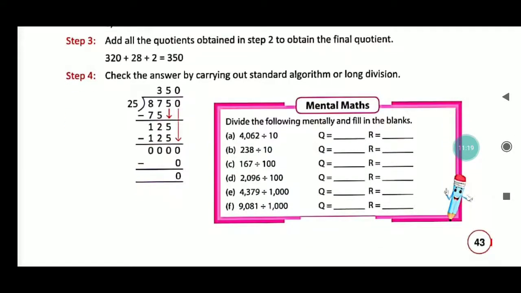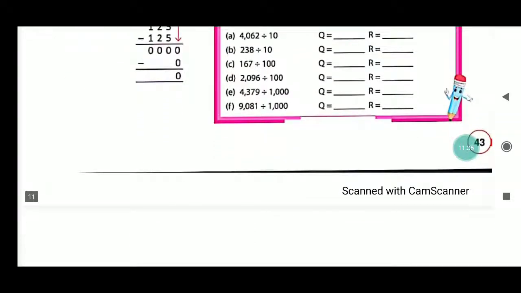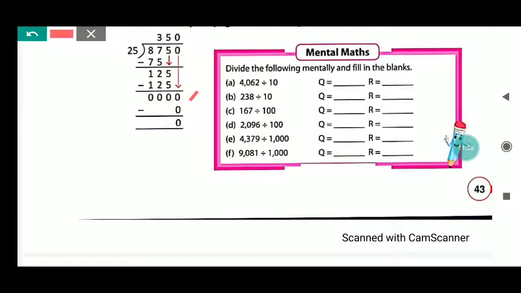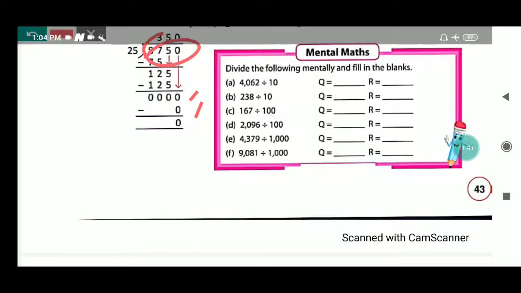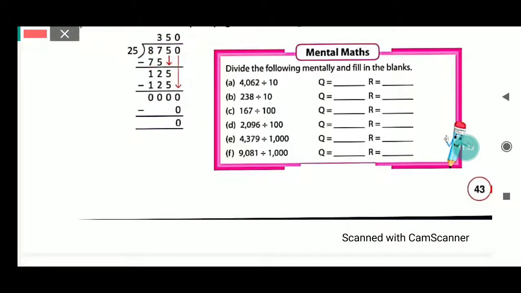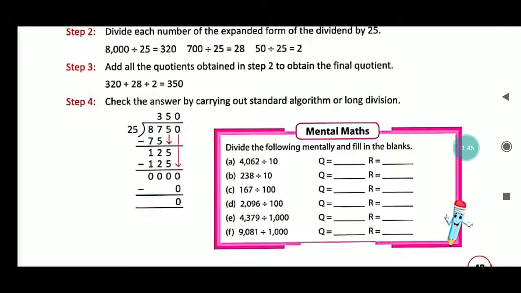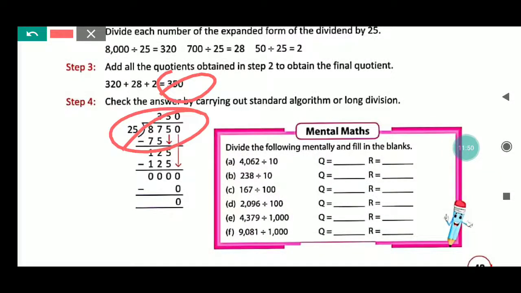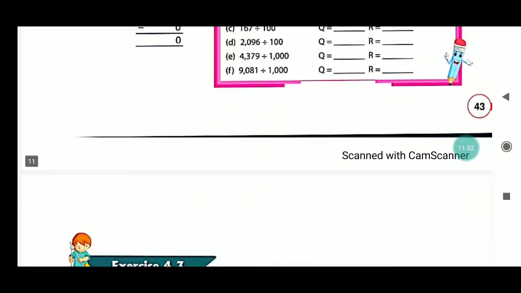Normal division: 25 into 3 equals 75, that means here 12 would be the remainder, 5 comes over here, that means 125. That means 25 into 5 equals 125, and 0 will come over here. So 0 by 0 equals 0, that means 350. So whatever we have done here in the long division method, we have checked it with this one. That means both the answers are correct.